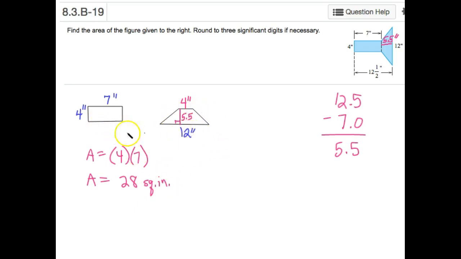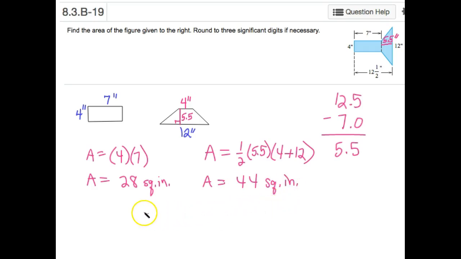Then for the trapezoid, the area of a trapezoid is 1/2 times the height, so this would be times 5.5, times the bases added together. 4 plus 12 are our bases, those are the two parallel sides. If you calculate this, you end up with 44 square inches.